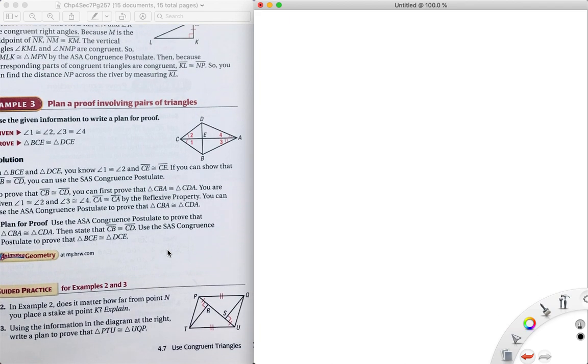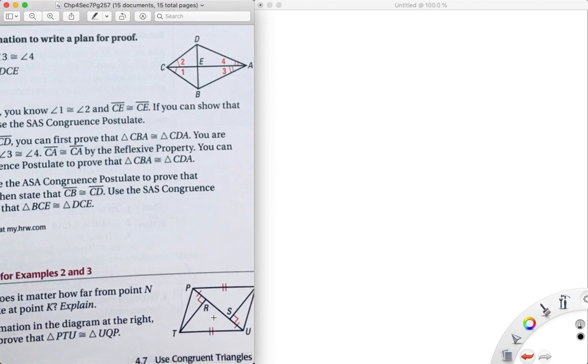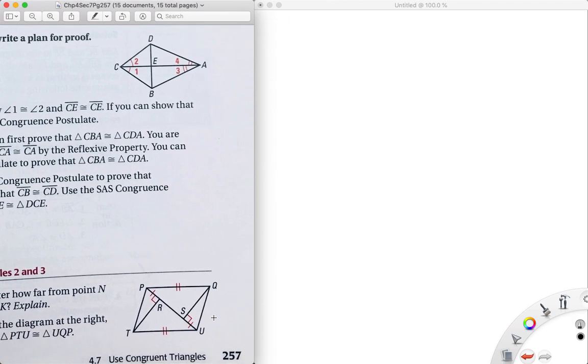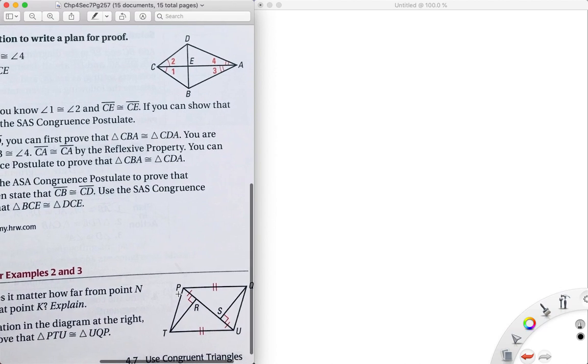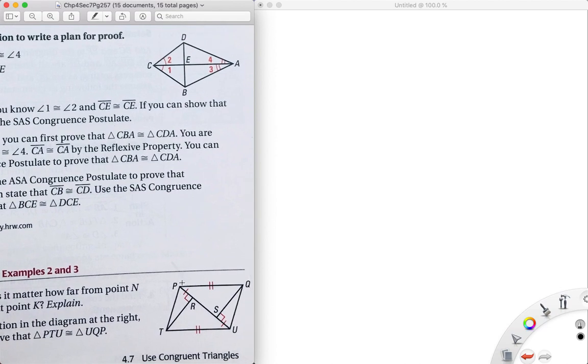So down here, we have this quadrilateral broken up into many triangles. So I see 1, 2, 3, 4, 5, 6. I see 6 triangles. They want me to prove that PTU is congruent to UQP.